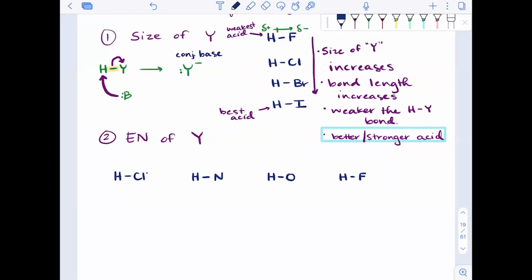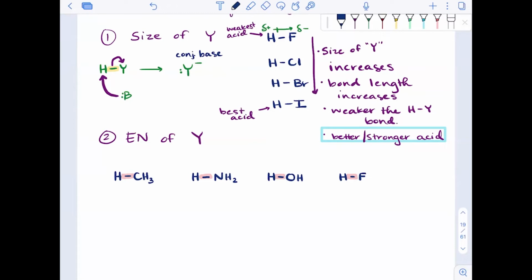I'm going to go ahead and put the rest of those atoms to complete the octet condensed on the other side, just so that we can focus on one bond at a time, but know that the rest of the molecule is still there. Now, when we look at those highlighted acidic bonds, these atoms that are connected to the proton, carbon, nitrogen, oxygen, and fluorine, are all very similar in size.